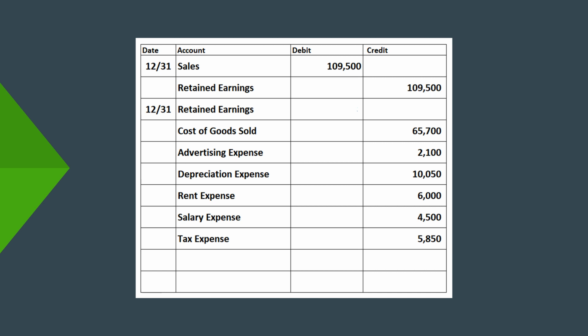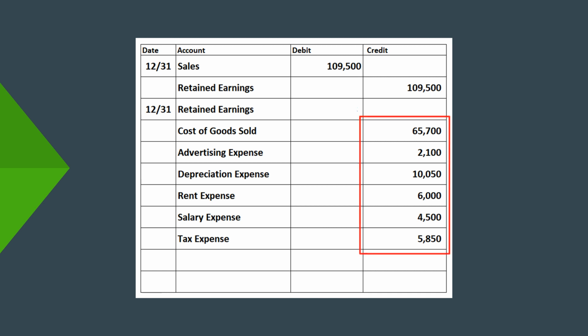and continue to write in each of our expense accounts, which are going to be credit balances because, again, we're subtracting them. And since expenses are normally a debit, we're going to use the opposite to zero them out, and we're going to write them in for their full dollar amounts. So we've written in cost of goods sold all the way to the tax expenses, so all of our expenses as credits.